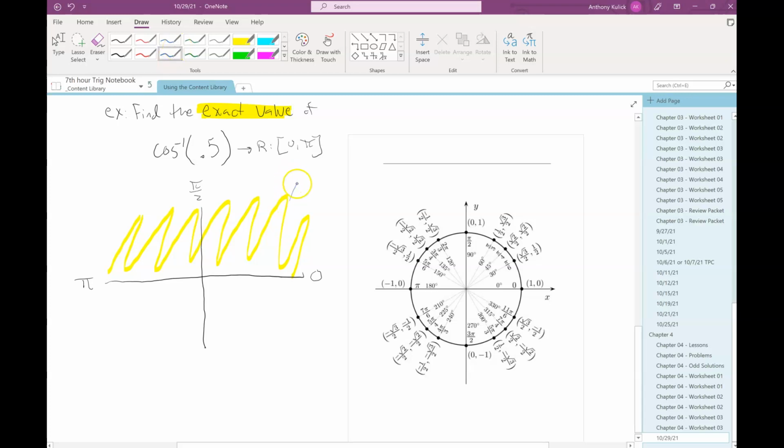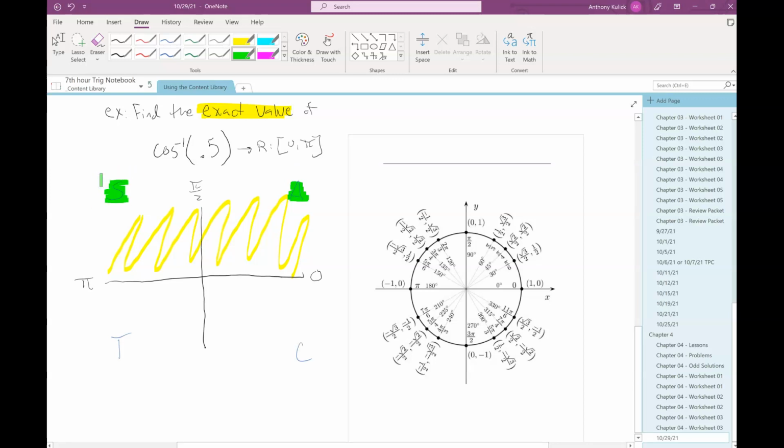And then I remember this acronym from chapter 2, All Silly Turtles Crawl. What this acronym does is it describes what quadrants sine, cosine, and tangent are positive in. So A stands for all: all of sine, cosine, and tangent are positive in the first quadrant. S stands for sine.